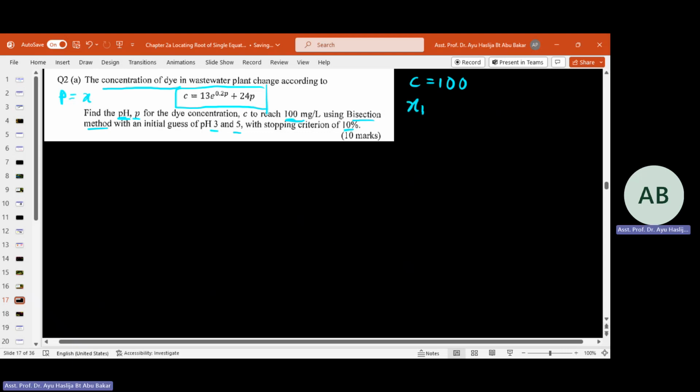So your XL is 3, XU is 5. Stopping criterion here means what? Es. Es equals to 10%. It asks you to find P.